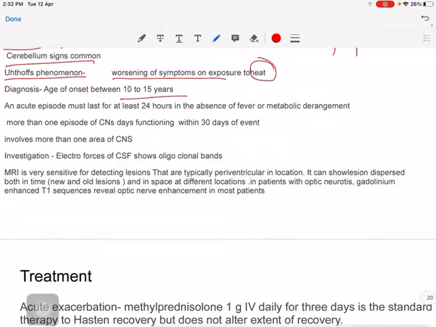Diagnosis, 10 to 15 years of onset. An acute episode must last for at least 24 hours in the absence of fever and metabolic derangement. Otherwise, it will mean that it is due to fever that these symptoms are coming.